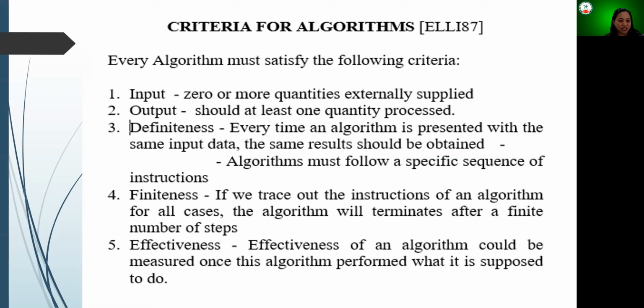The second time around that it is executed, the same input, kunwari 5, dapat, ang lalabas, 25 pa rin. So, kahit ilang beses na-execute yung program or yung algorithm na yon, dapat same pa rin. Kung same yung input data mo, dapat same pa rin na maging result. Hindi pwedeng, kunwari, yung first run is 5, tapos naging 25 yung output. The second time na nirun yung program, same yung input, kunwari 5, and then ang naging output is 10.